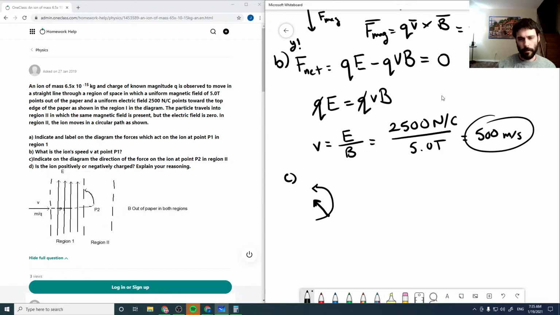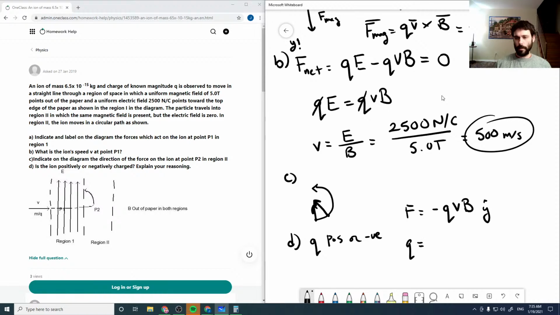And then D is Q positive or negative. So our force from our magnetic field is minus QVB y hat. But from our free body diagram, we can see that our force has to be in the positive y direction, so Q must be negative.